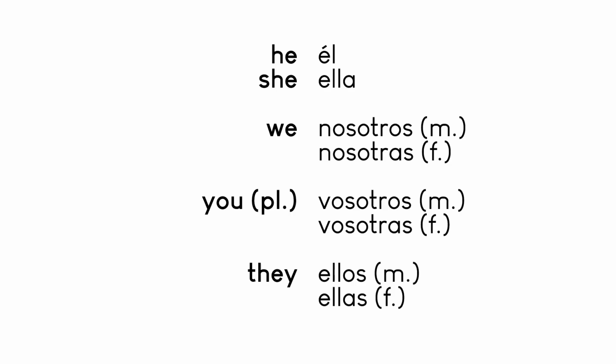In regular old-fashioned Spanish, just as in English, we express gender in pronouns, but we have a few more distinctions than he and she. We use él and ella, nosotros and nosotras, vosotros and vosotras, ellos and ellas.